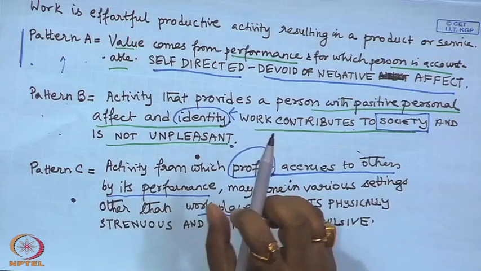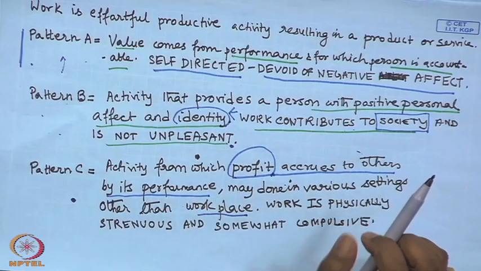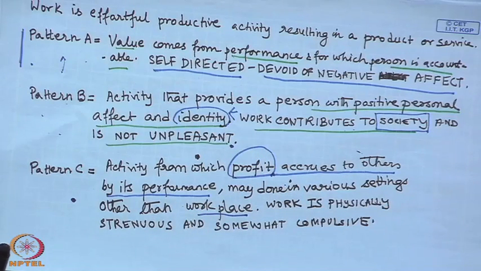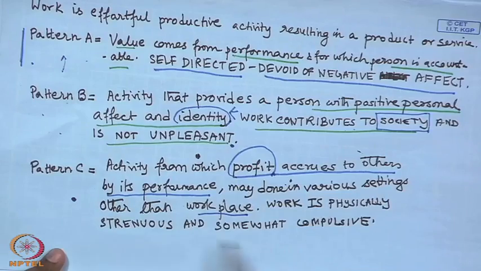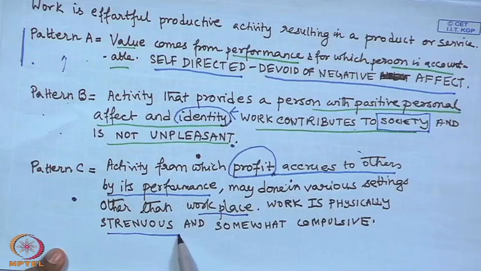Here you get a broader meaning of work: it is not done only at the workplace but also beyond it, and the work is physically strenuous and somewhat compulsive in nature.